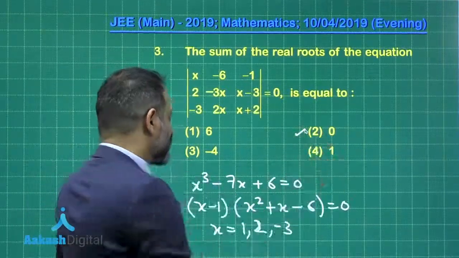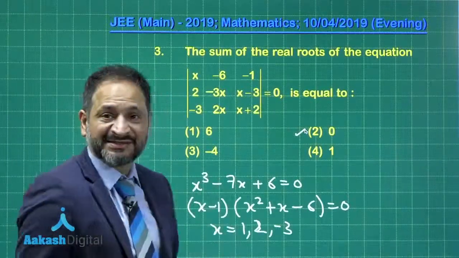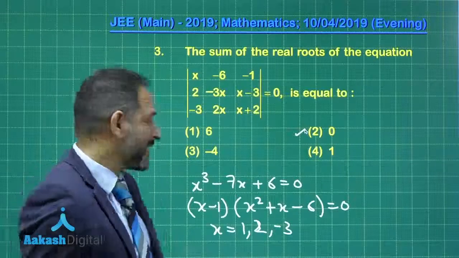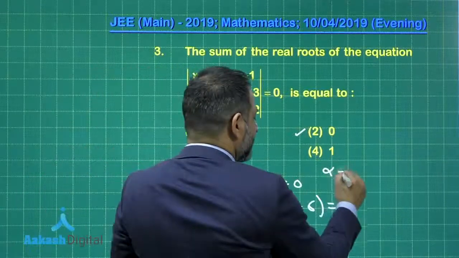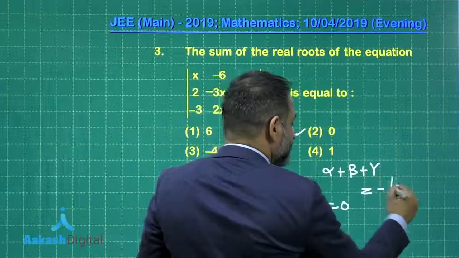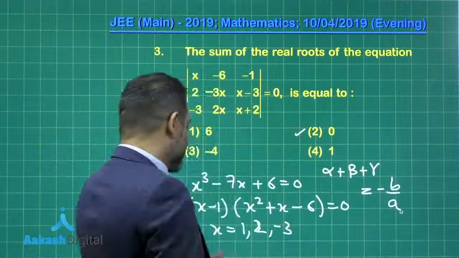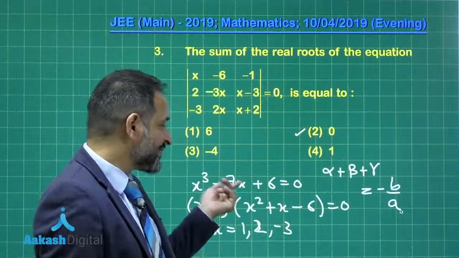You can also notice the sum of the roots is equal to minus the coefficient of x square upon a. So we know the sum of roots, that is alpha plus beta plus gamma is equal to minus b by a, and here the b is missing, that is b is equal to 0 because x square is not there.